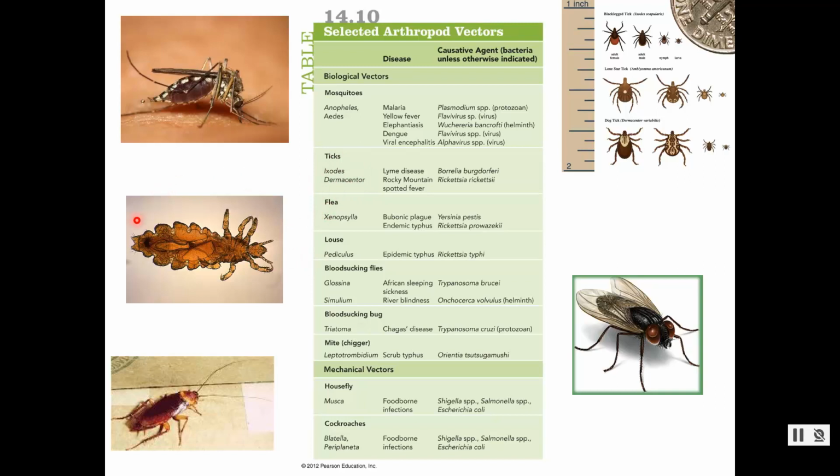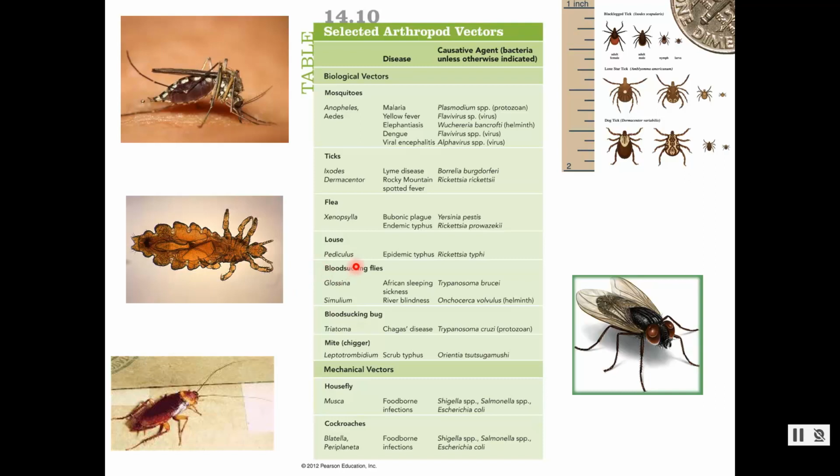This picture right here, I bet you don't know what this is. This is a louse. You may still not know what that is because louse is singular for the term lice, like mouse and mice. This is a louse. And if you have more than one, you have lice. We are familiar with lice because basically you never find one. They're always there. This actually bites. It can transmit a disease.